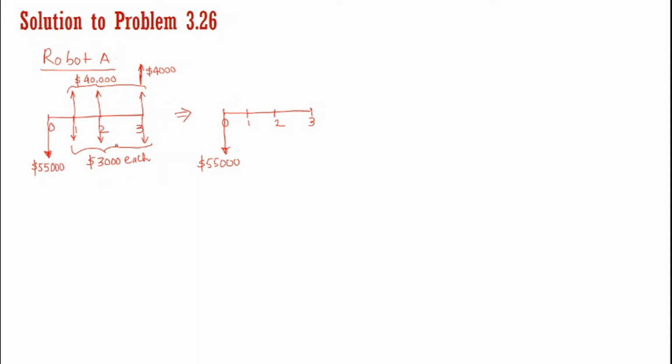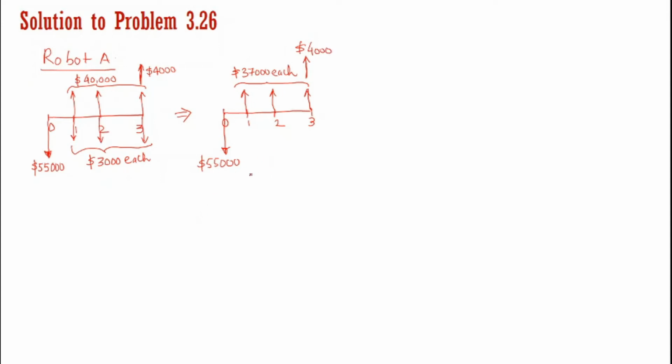Subtracting 3,000 from 40,000 gives net earnings of $37,000 each. And of course the salvage value remains as it is, $4,000.